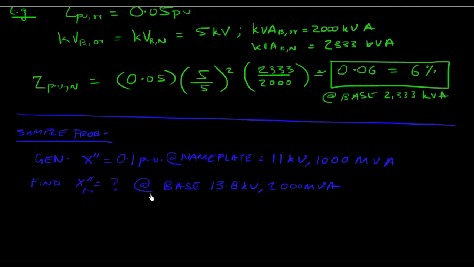So given this information, you have to find out the new subtransient per unit value, and it should be very easy. Just plug and play into that formula, and let me know what your answers are.